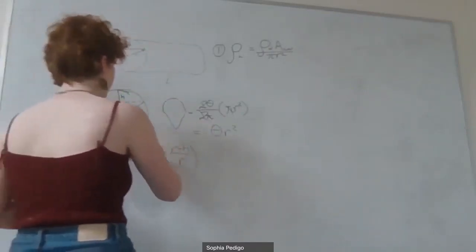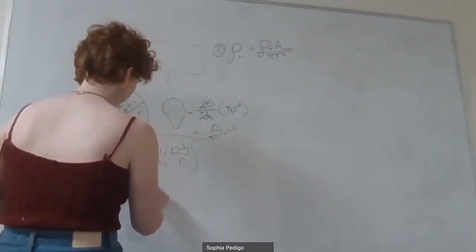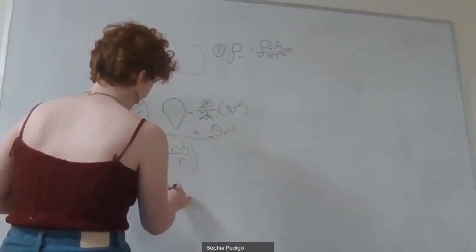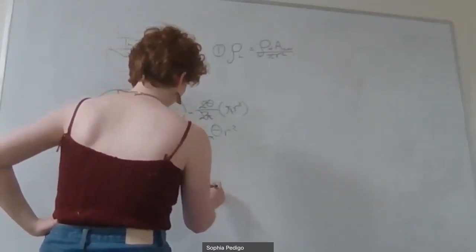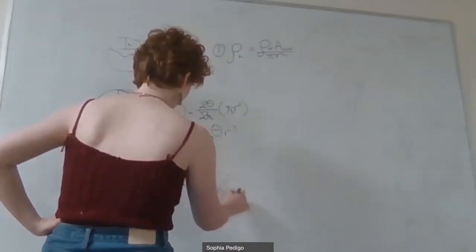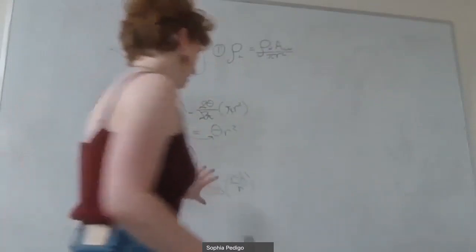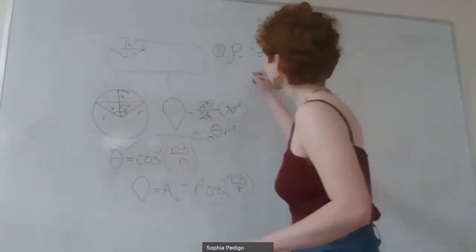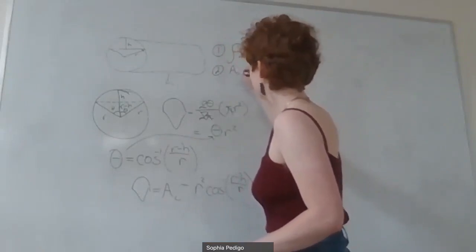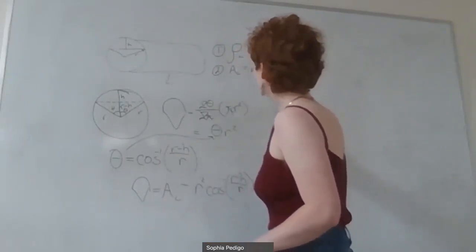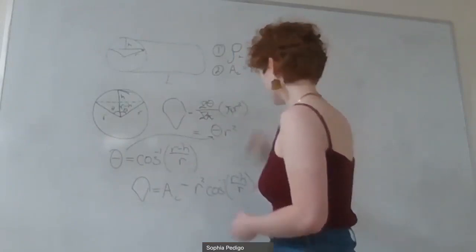And we can substitute this in for theta, leaving us with the area of the cone, which I'm just going to call A sub c, is equal to r squared multiplied by cosine inverse of r minus h over r. Now I'm going to write this equation off to the side, and I'll just label it equation number 2, and we'll say A sub c is equal to r squared multiplied by cosine inverse of r minus h over r.